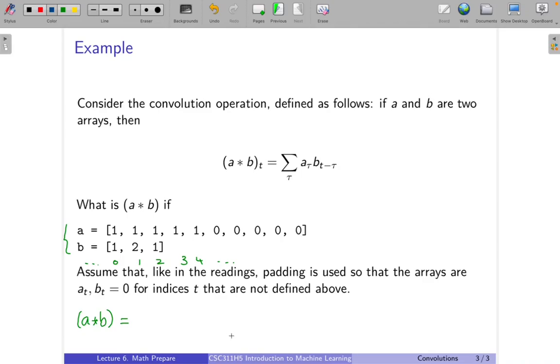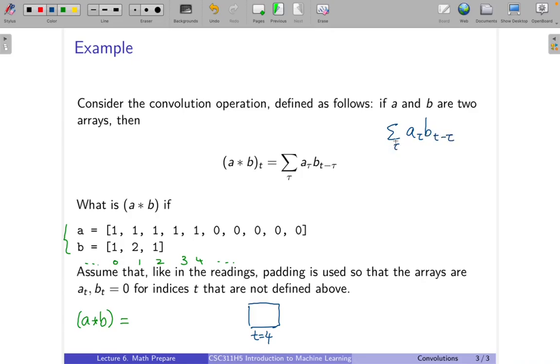So A convolved with B. It might be natural to start with index 0, but I'm not actually going to do that. I'm going to start with index 4, let's say, t equals 4. And let's try to find what the value is of A convolved with B at index 4. So let me just write this out. The sum over tau of A tau times B t minus tau.